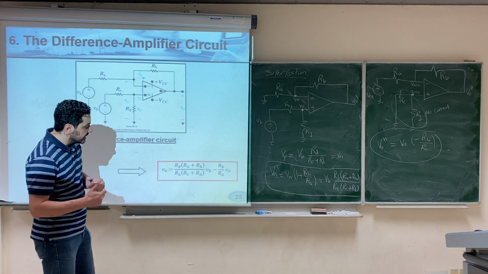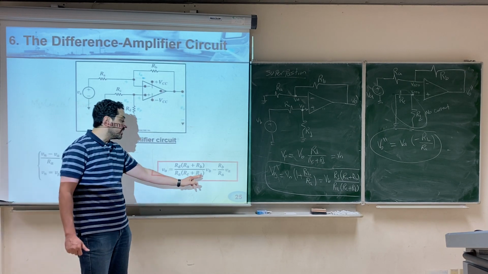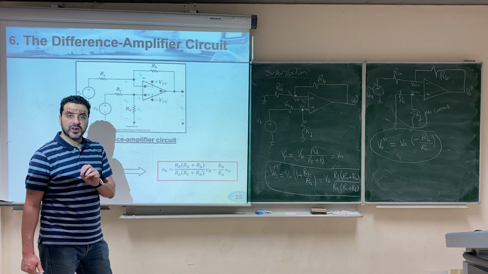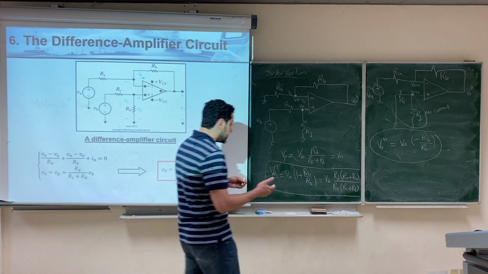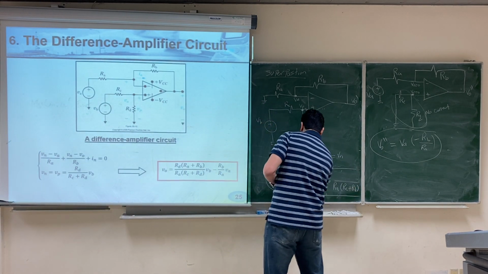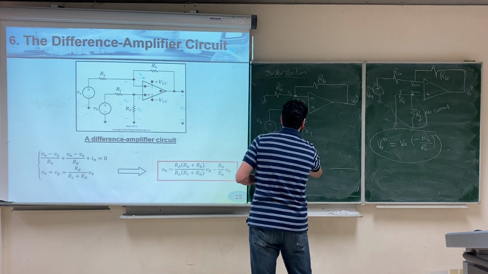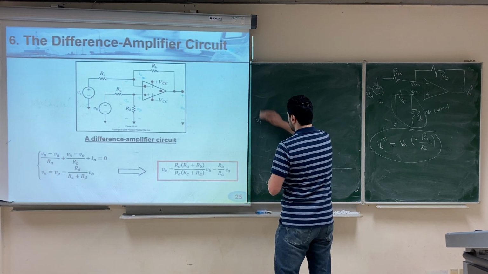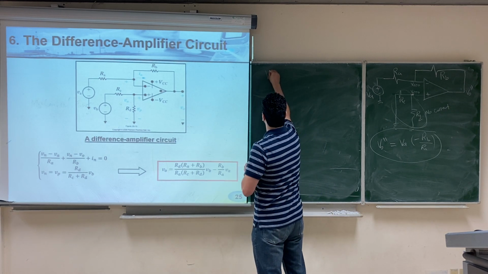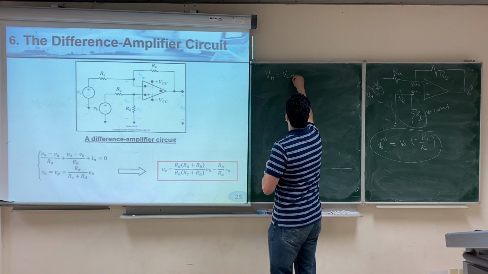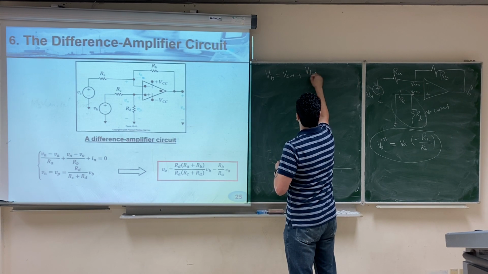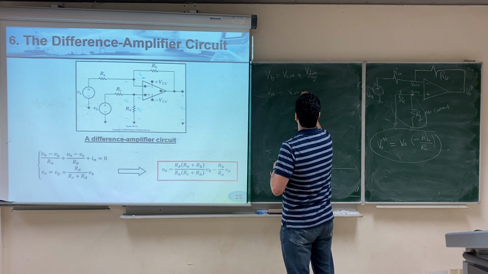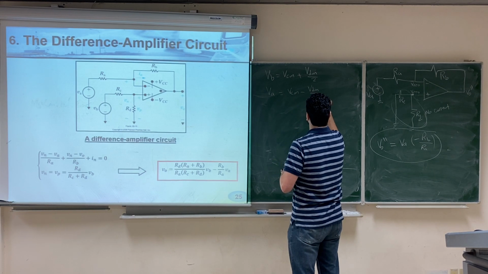How can we analyze? We'll go back to the definition of VB and VA in terms of the common mode and the differential mode. We already defined VB to be V common mode plus V differential mode over 2, and VA to be V common mode minus V differential mode over 2.